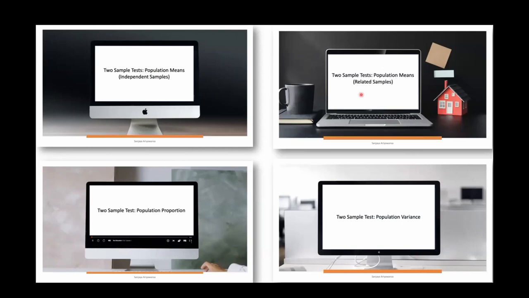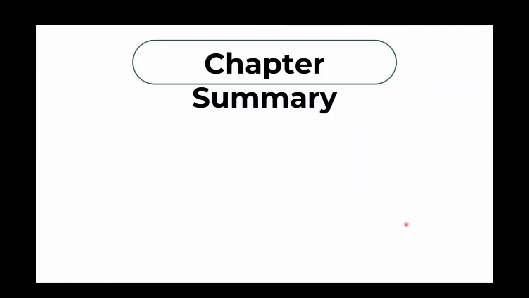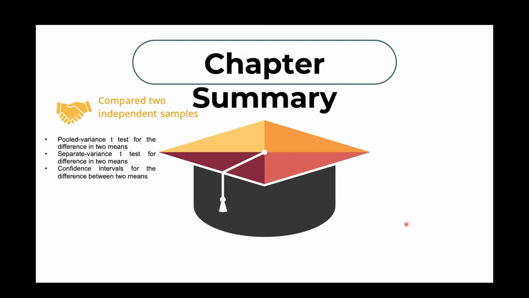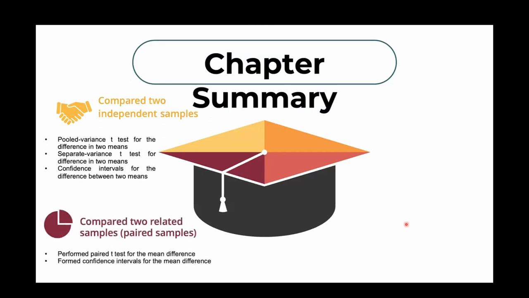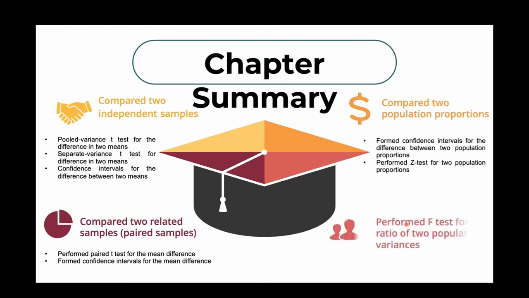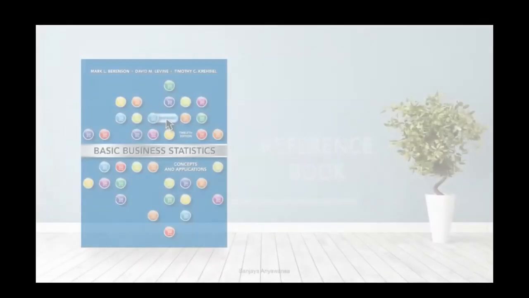In these 2 cases, we use the t-test. For population variance, we use the F-test statistic, a new test statistic. So, chapter summary: we compare 2 independent samples, compare 2 related samples, compare 2 population proportions, and perform the F-test for the ratio of 2 population variances.